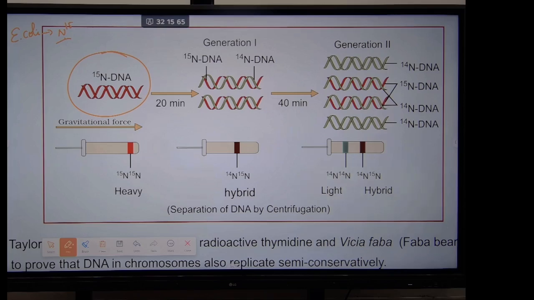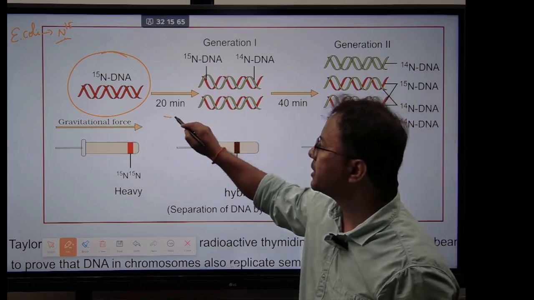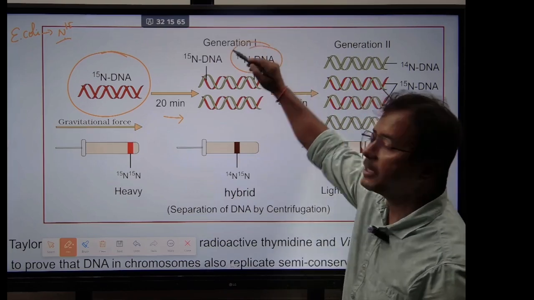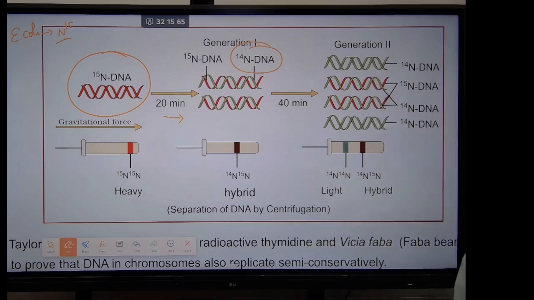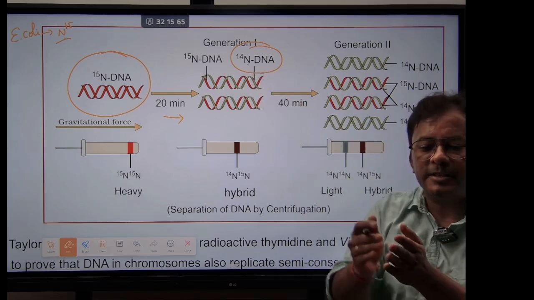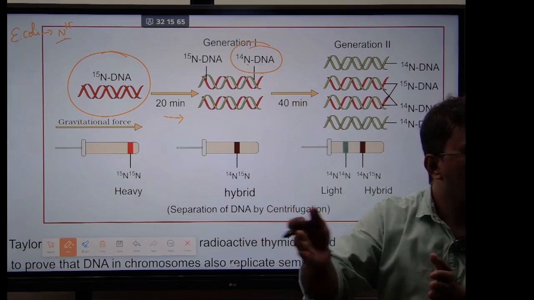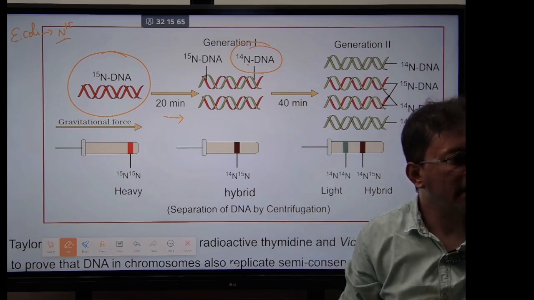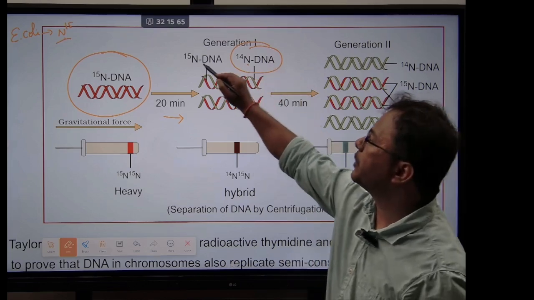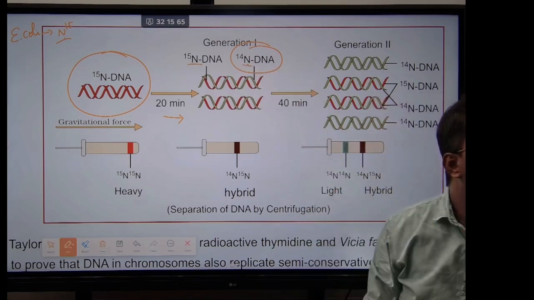Next, they grew the bacteria in a medium containing N14. When the bacteria divide, they require a new nitrogen source, and the new nitrogen source is N14. This was continued for one generation. The new DNA molecule isolated from the second generation contains a hybrid of N15 as well as N14.